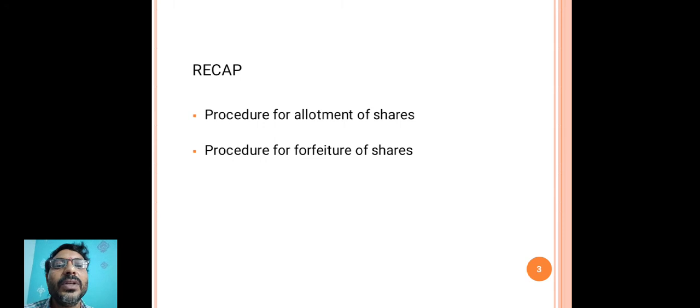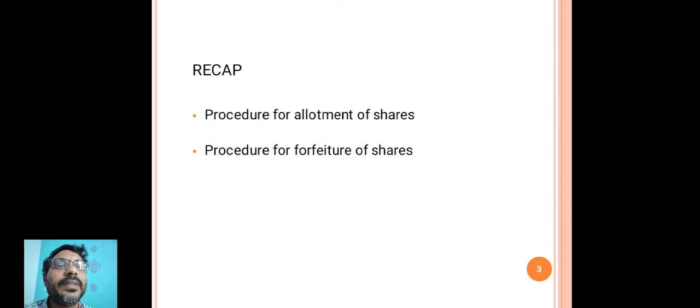It contains all other information about a joint stock company, that is the formation of the company, the registered address, and everything is available in the prospectus.